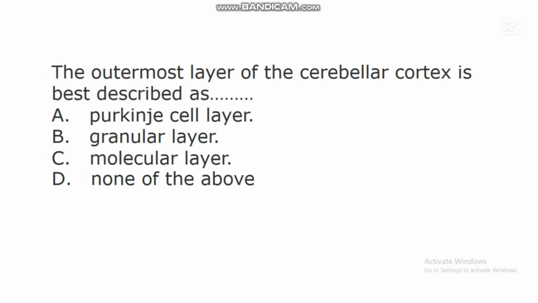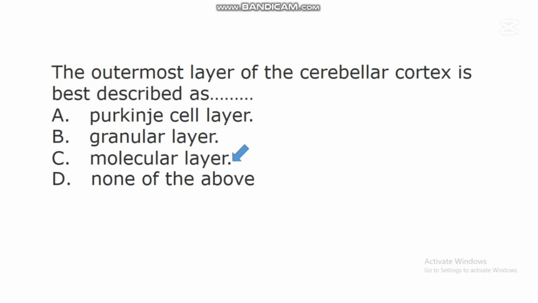The next question says, the outermost layer of the cerebellar cortex is best described as dash. A. Purkinje cell layer. B. Granular layer. C. Molecular layer. D. None of the above. In this question, the correct answer is C. Molecular layer.